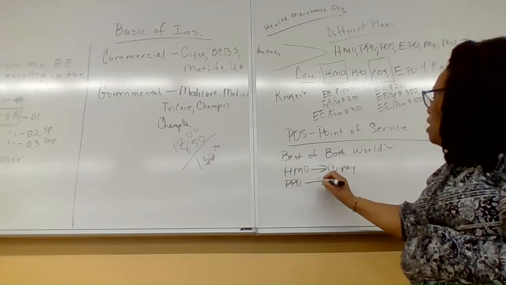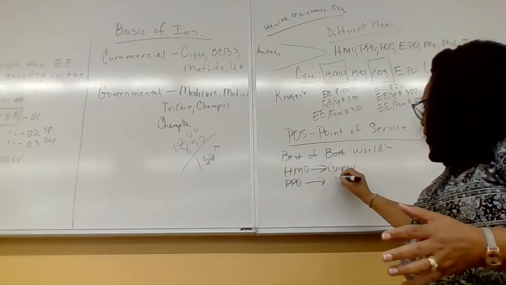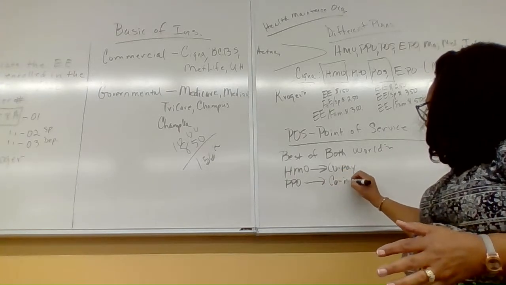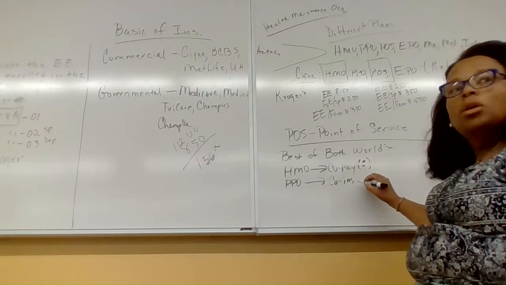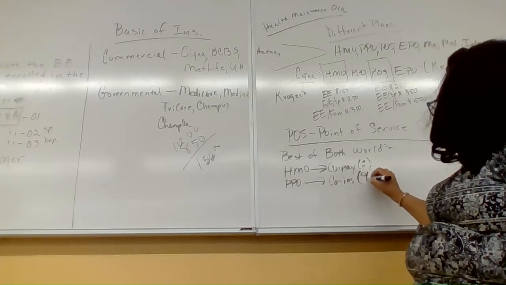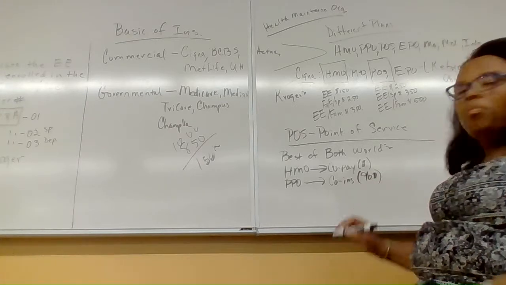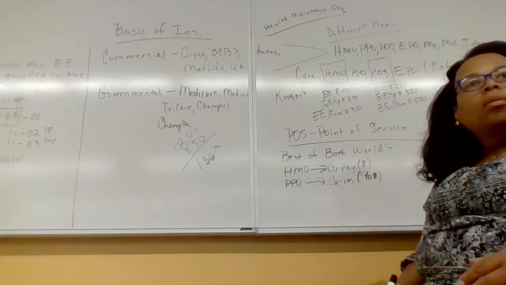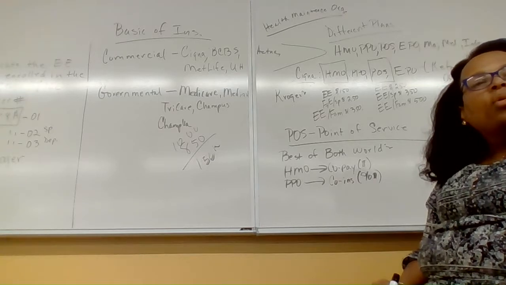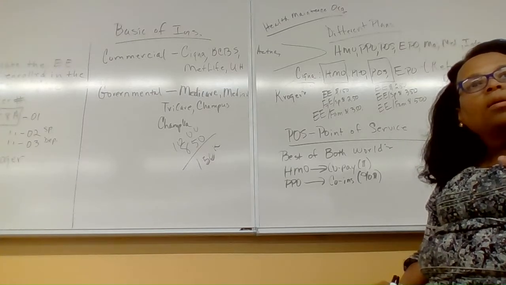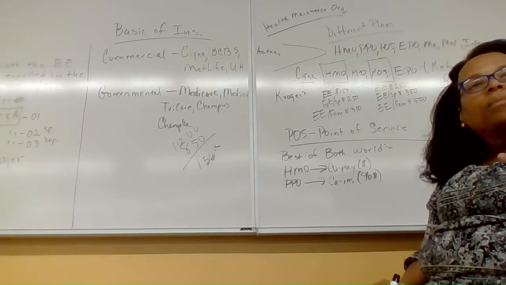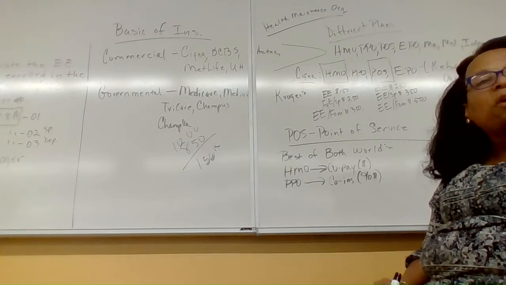With PPO, you're always going to pay a coinsurance. Okay, there's a difference. Copay is straight dollars. Coinsurance is percentage of dollars. Does everybody understand that? HMO is never coinsurance. Never, ever, ever. Does everybody understand that? Not for a special company or nothing. No, ma'am. We're gonna stick with formality.